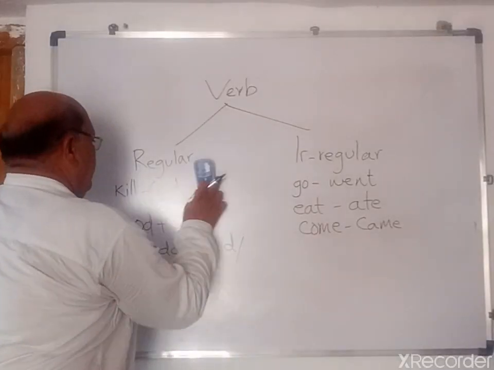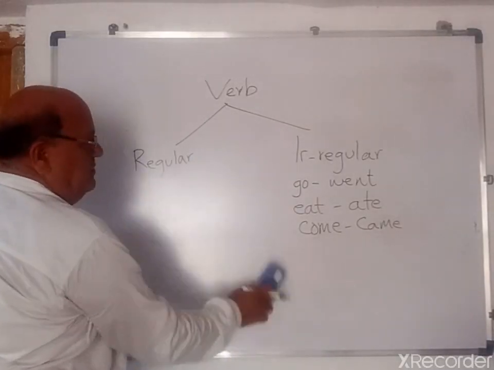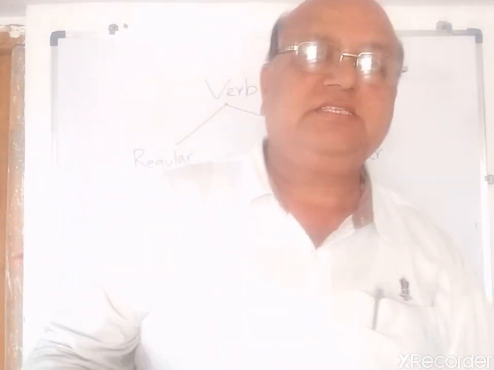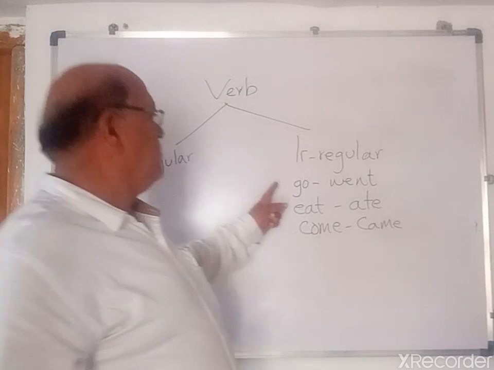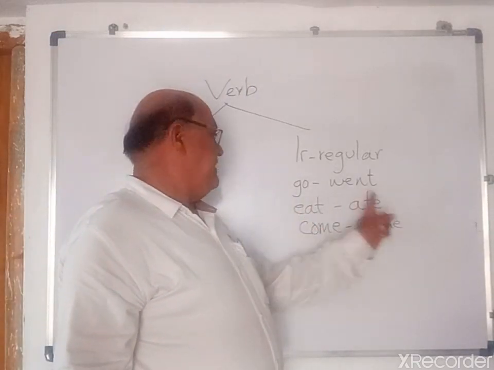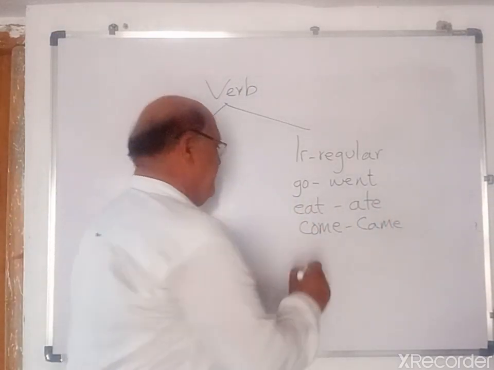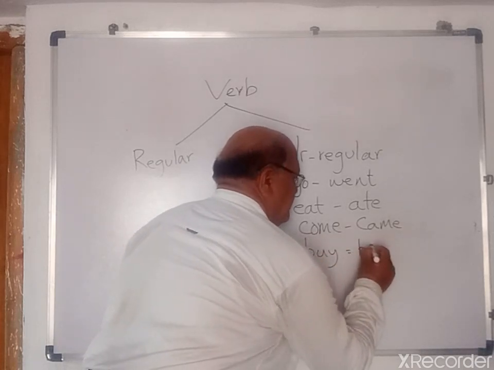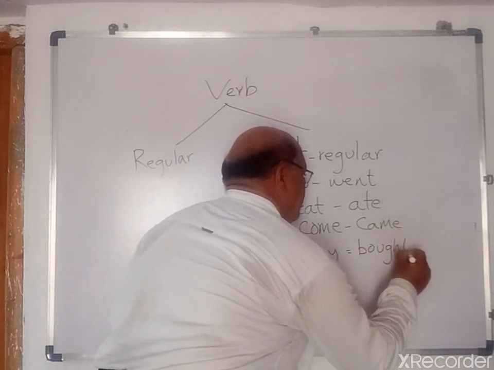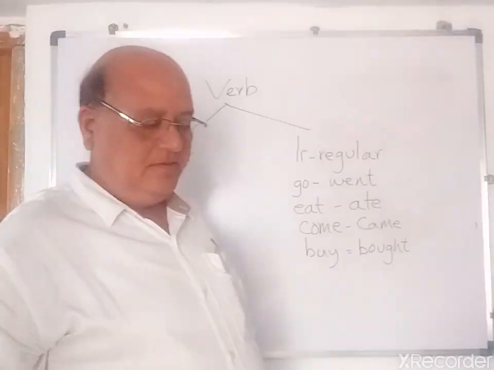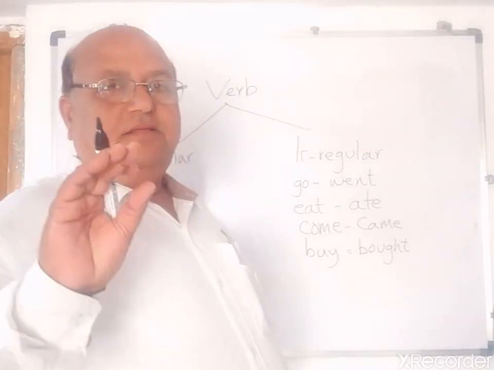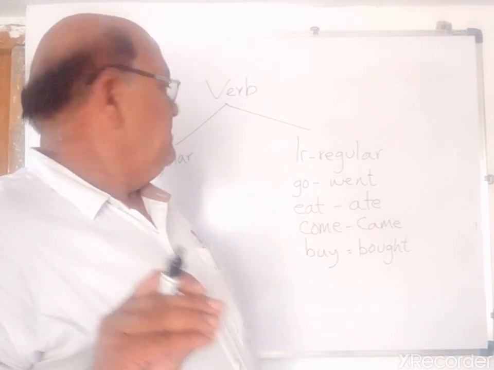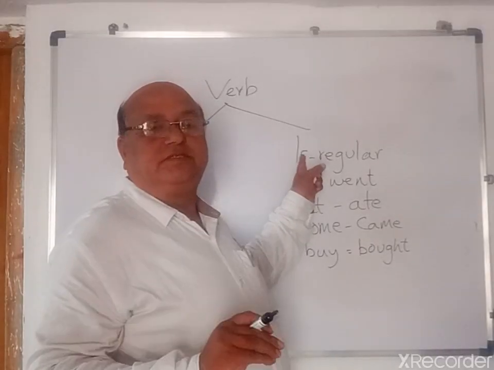Okay. For irregular verbs, we have letter change, pronunciation change: go, went; eat, ate; come, came; buy, bought; like this. And in examination, these irregular verbs come.